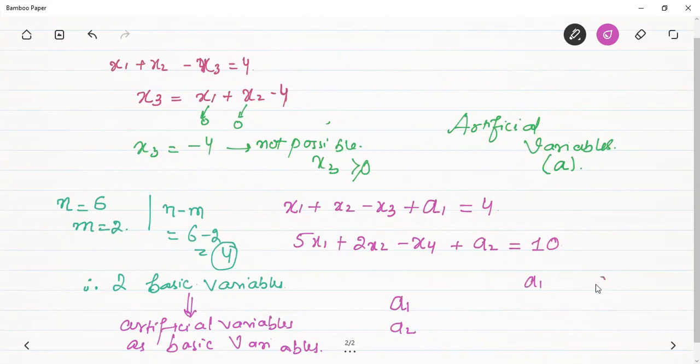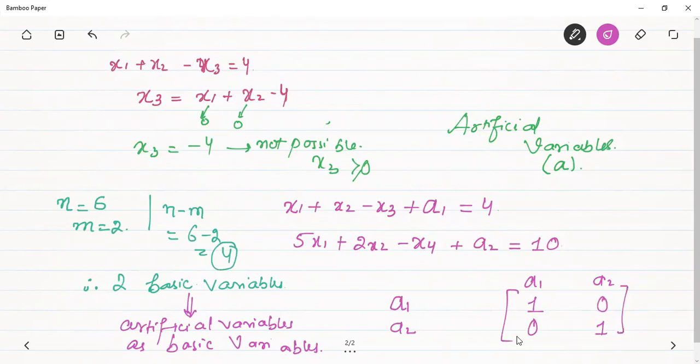So यहाँ पे A1 होगा, यहाँ पे A2 होगा, और इसके order में क्या बनना चाहिए? एक identity matrix बनना चाहिए. So if you look at the first constraint, you can see that the coefficient of A1 is 1 and the coefficient of A2 is 0. Similarly, in the second constraint, the coefficient of A1 is 0, and here we have a coefficient of 1. So I got an identity matrix which I was looking for so that I can start the solution.